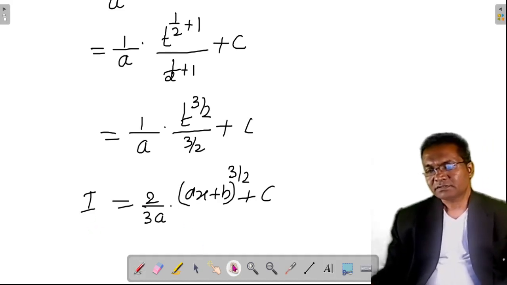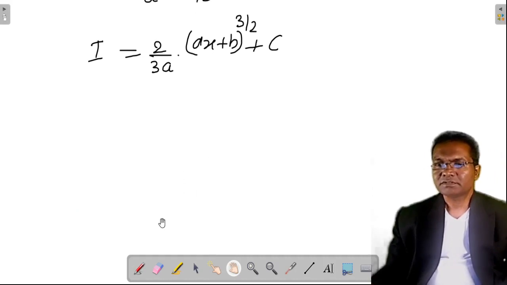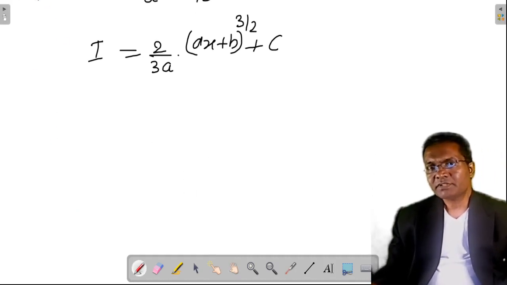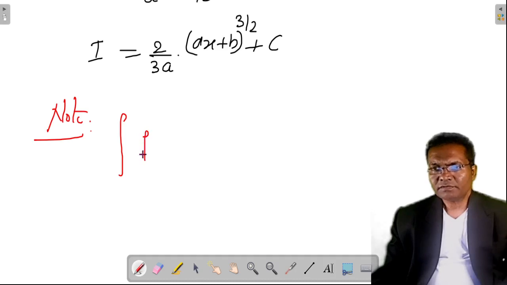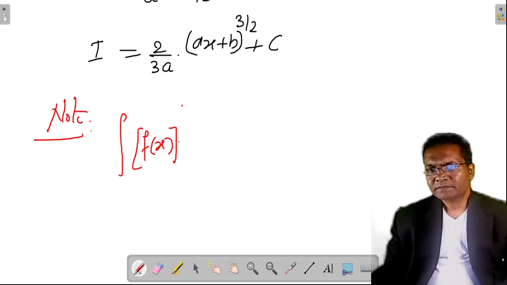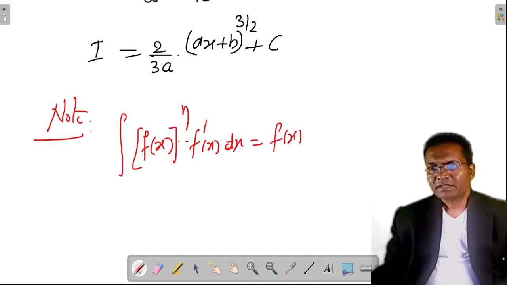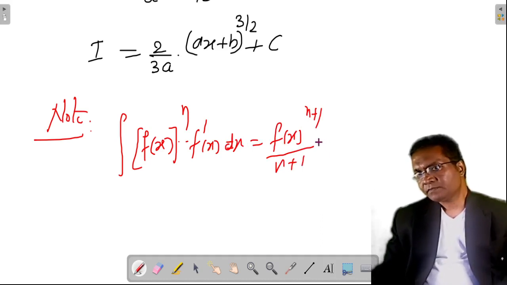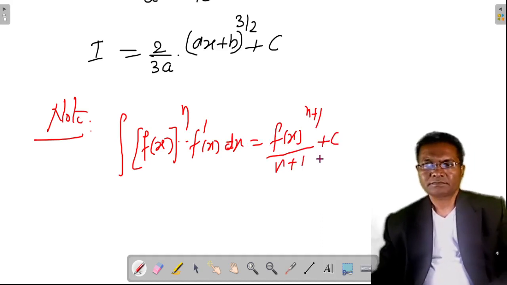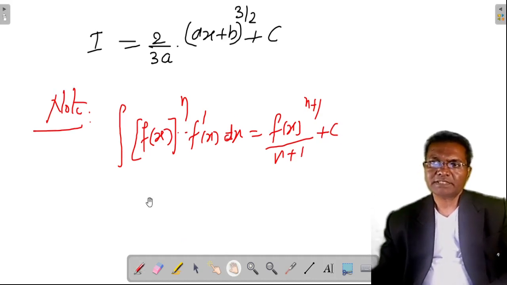So again, one thing to be noted, as I mentioned earlier also, integration of f of x power n into f dash is always f of x power n plus 1 by n plus 1. Okay, so let's have another example.